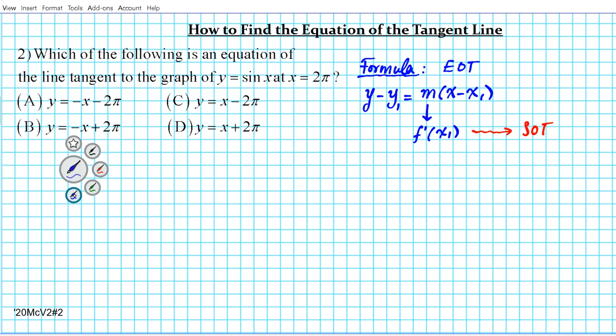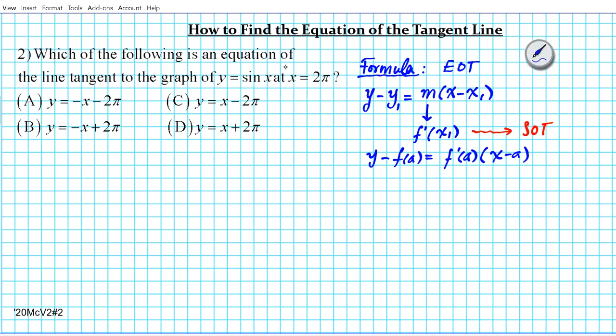Another variation of this exact same equation, using a and f of a notation, is y minus f of a equals f prime of a times x minus a. In many calculus textbooks, this format is utilized. I like the one on top because it's familiar and easier to remember.